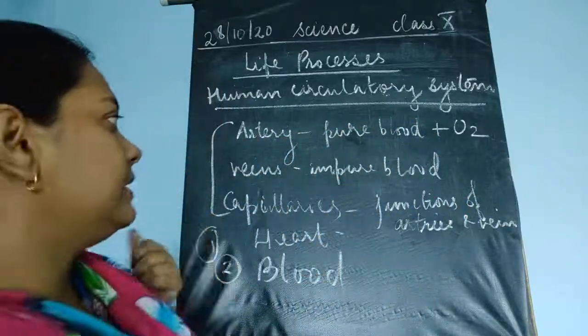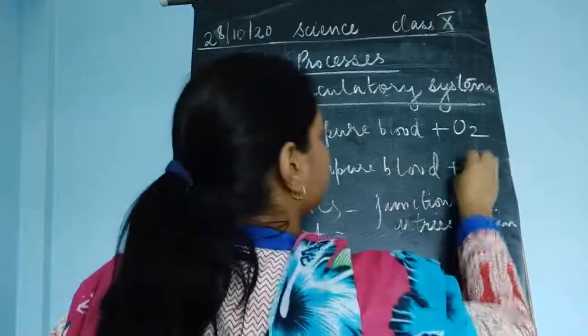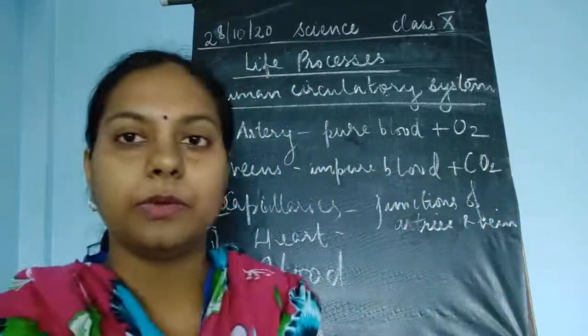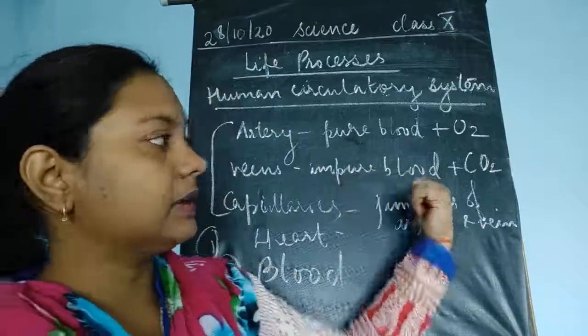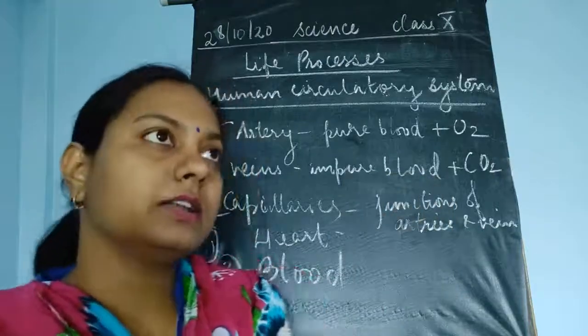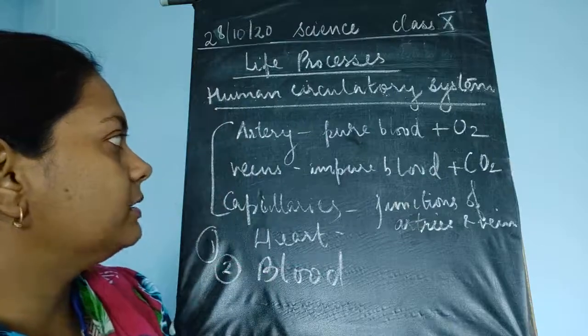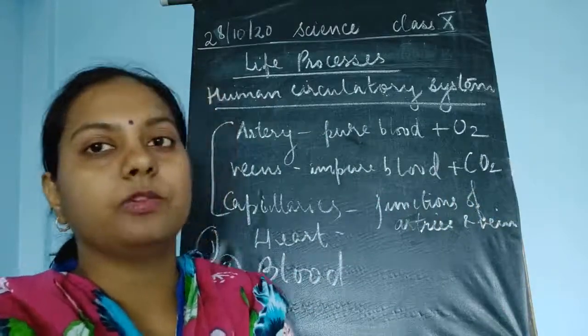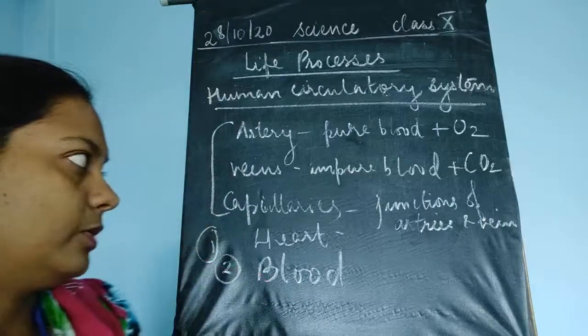Now the next is the veins. Veins carry impure blood which contains carbon dioxide. Blood which is mixed with carbon dioxide is known as the impure blood. This is known as the impure blood or deoxygenated blood, in other words.